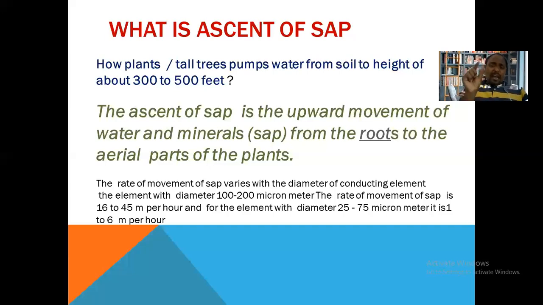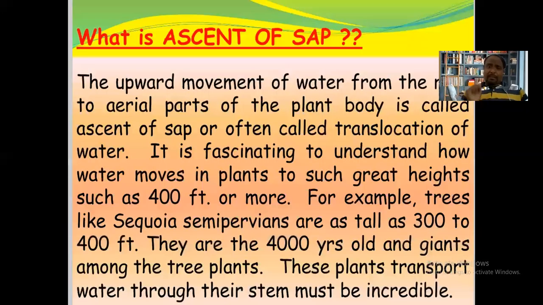And if that diameter is less, about 25 to 75 micrometer, then the rate of the ascent of sap is 1 to 6 meter per hour. So it all depends upon the diameter. So the upward movement of the water from the roots to the aerial parts of the plant body is called the ascent of sap, often called the translocation of water as well.